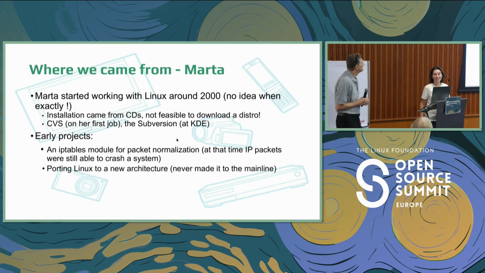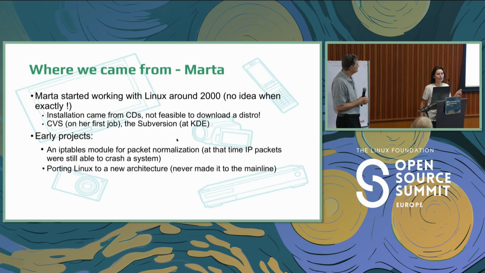And when I started around 2000, that doesn't seem to be at all an important point on my timeline because I do not remember how I started. I was testing too many things. That was the time when I was using CVS in my first job, and I already knew that there are better things because I was using Subversion in KDE.